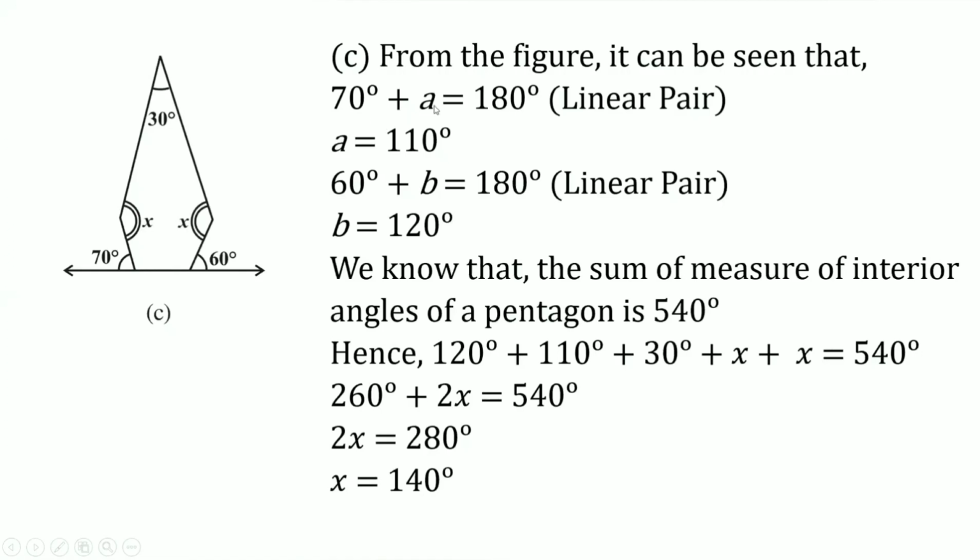So 70 plus A is equal to 180 degrees, so this interior angle A will be 110 degrees. And B plus 60 is equal to 180 degrees, so the value of B is 120.